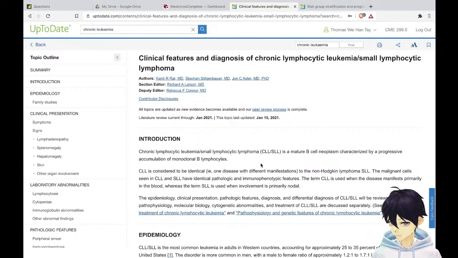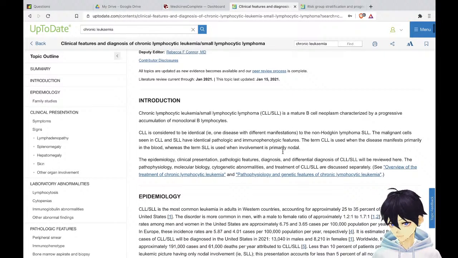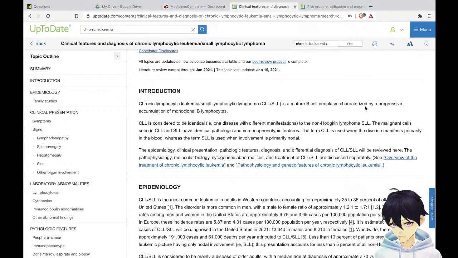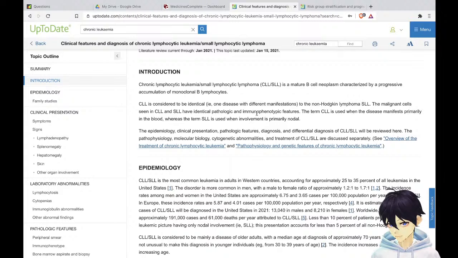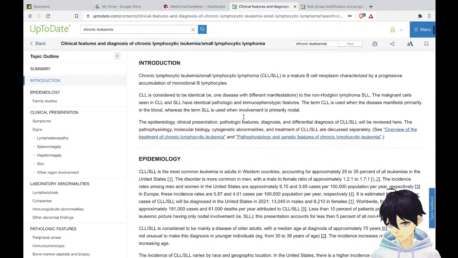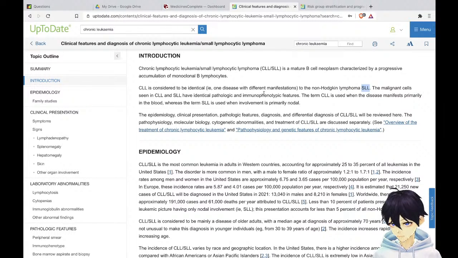So introduction. Chronic lymphocytic leukemia or small lymphocytic lymphoma, CLL, SLL, is a mature B cell neoplasm characterized by a progressive accumulation of monoclonal B lymphocytes. CLL is considered to be identical, i.e. one disease with different manifestations, to the non-Hodgkin's lymphoma, SLL. The malignant cells seen in CLL and SLL have identical pathologic and immunophenotypic features.